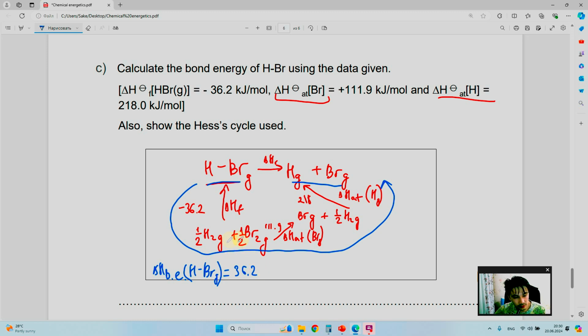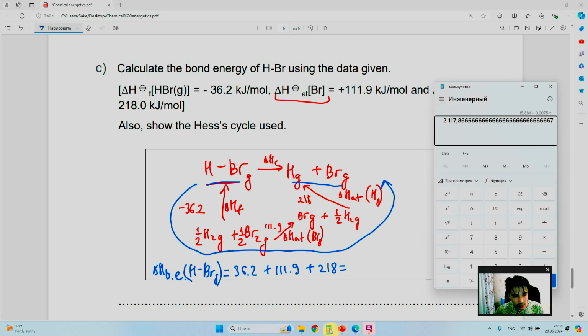Then in these cases, these arrows are aligning with our direction, so we can just keep them. There is no need to put any coefficients in that case because everything is given for 1 mole and we are completely fine with that cycle, and the cycle is actually balanced. So let's put everything in the calculator.